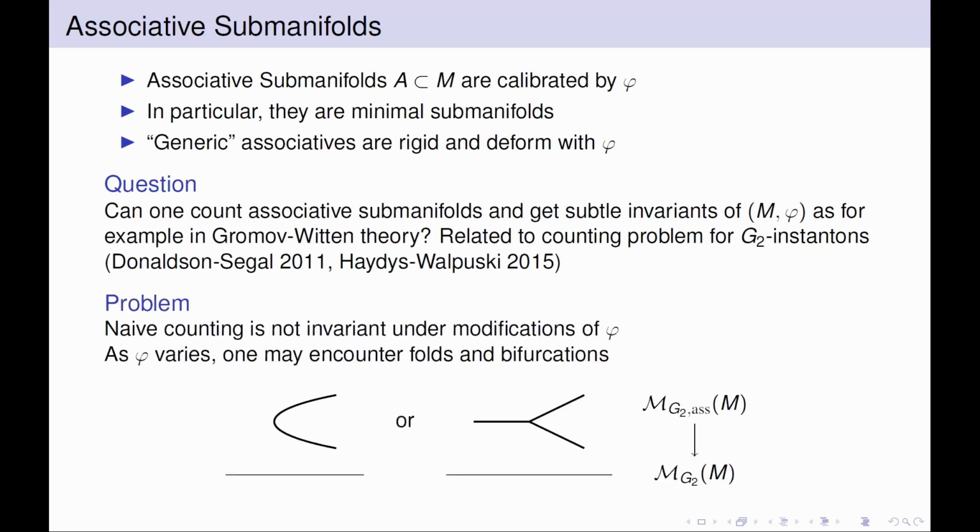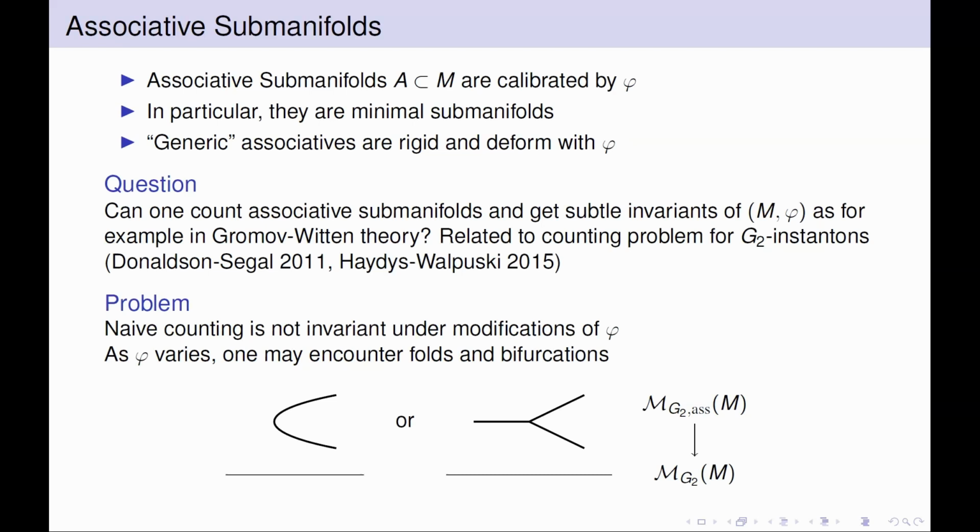And now here's our first problem with naive counting. If you modify the 3-form, so if you move on the moduli space here, then it can happen that all of a sudden you have some associative submanifold coming out of nowhere, or it can happen that we start out with one and then from one moment on you have two.